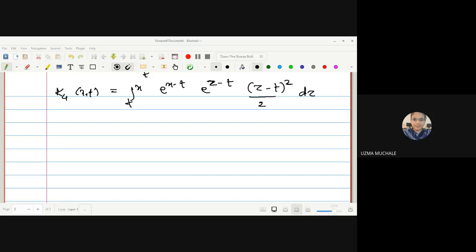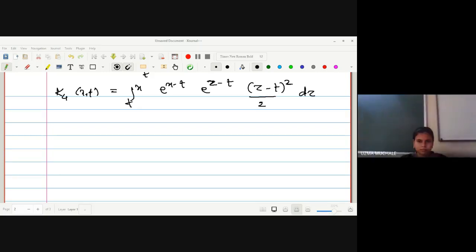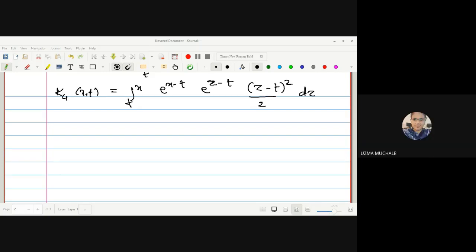In general, how can you write Km of x,t? Ma'am, Km of x,t is e raised to x minus t multiplied by (x minus t) raised to m minus 1, divided by (m minus 1) factorial.